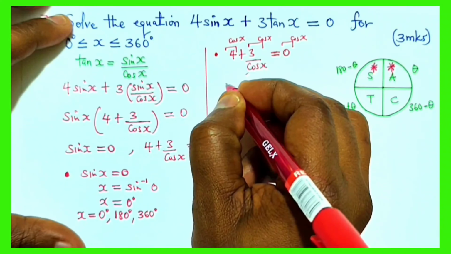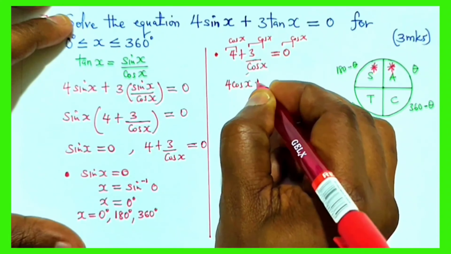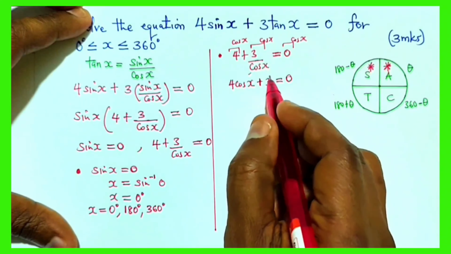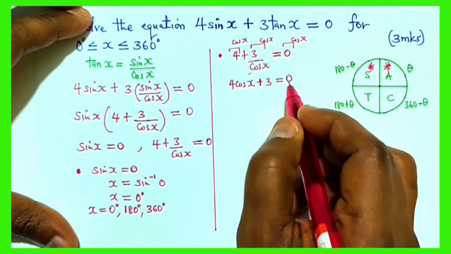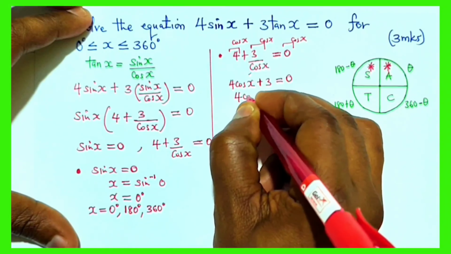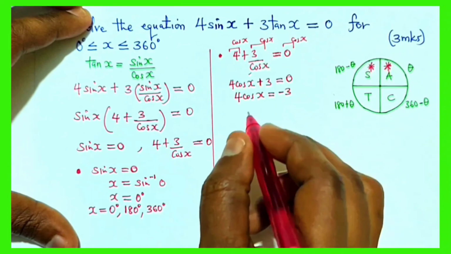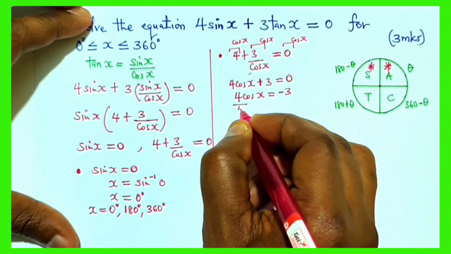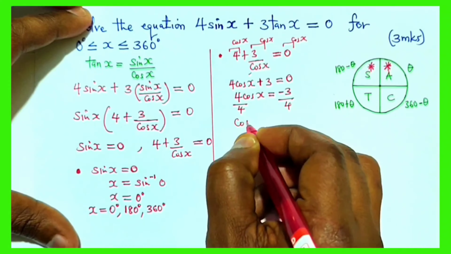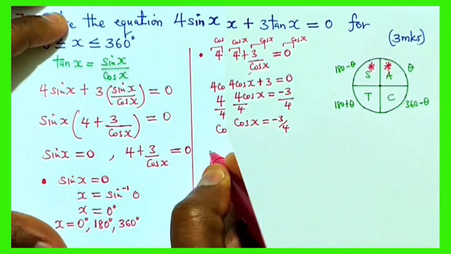We are left with 4 cos x plus 3 to be equal to 0. And then we can take the positive number 3 to the right side of the equal sign. We end up having 4 cos x to be equal to negative 3. And then we divide both sides by the coefficient of cos x, which is 4. We end up getting cos x to be equal to negative 3 over 4.